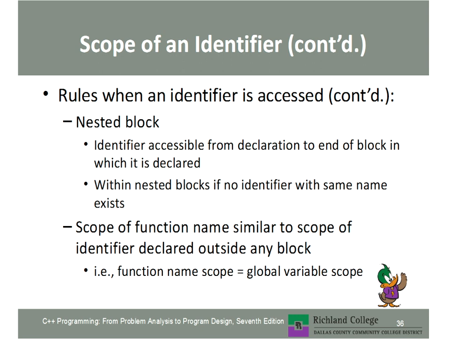When we have nested blocks, the identifier is accessible from the declaration to the end of the block in which it is declared. So think about the for loop. When you start the for loop, you say int i equals 0. Well, i is not going to be alive after the loop exits because you did not declare i outside the for loop, but as part of the for loop.